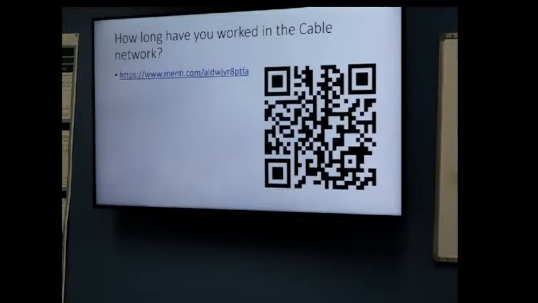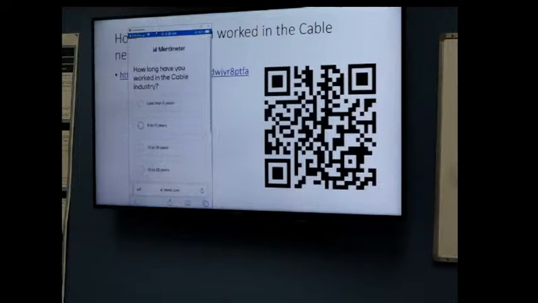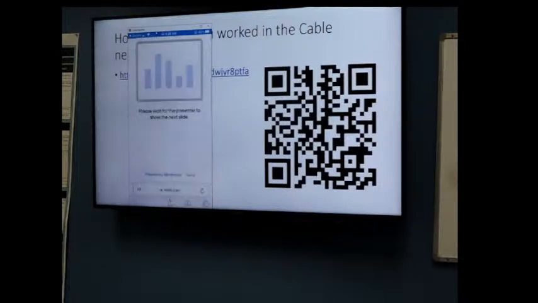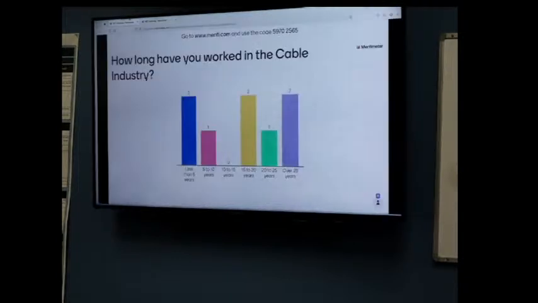Oops, click on the right link there. It's something like this. Sorry, let me scroll down. All you have to do is click on the one that applies to you and click submit. I know that's a little bit of an extra step, but it's something we'll be using throughout the presentation.